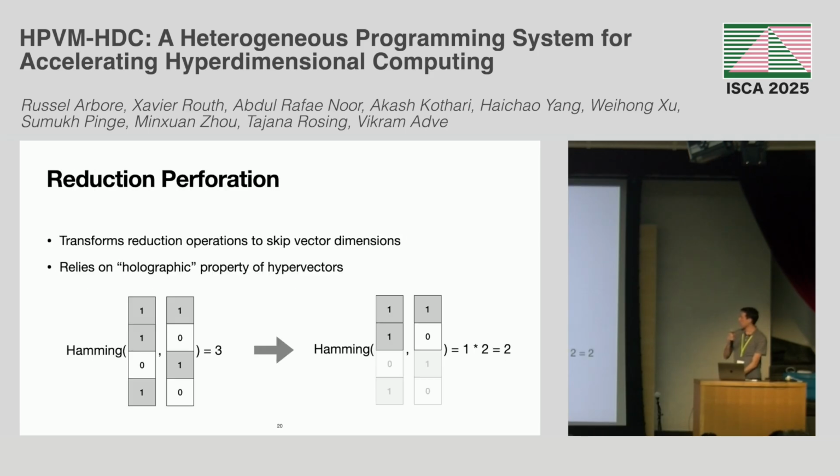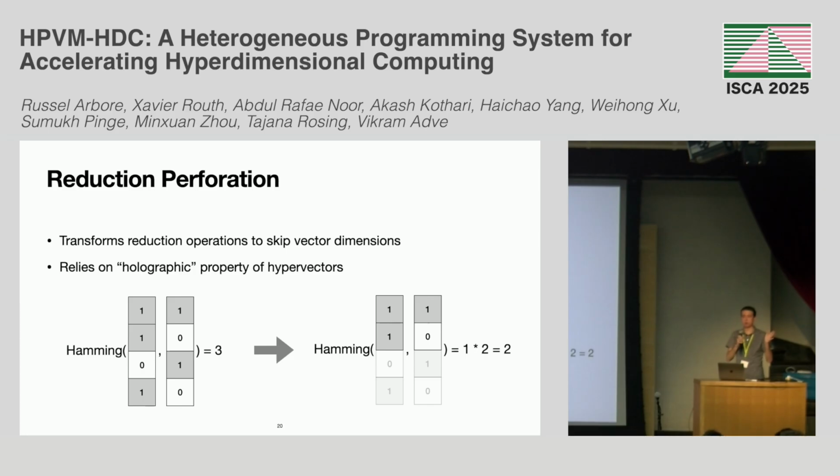All right. Next, I'm going to talk about the approximation transformations that our compiler implements. These are indicated for use by the programmer using those approximation knobs in the front-end language. The first of these that we implement is reduction perforation. Intuitively, the idea behind reduction perforation is since every element in your hypervector is roughly as important as every other element for your overall information representation, we can cut out, say, 20% of the elements in your hypervector, do some computation with it, and still get a mostly accurate result.